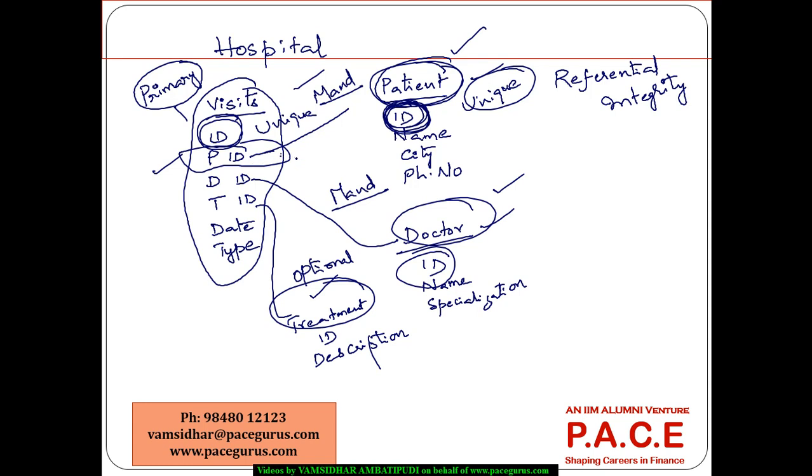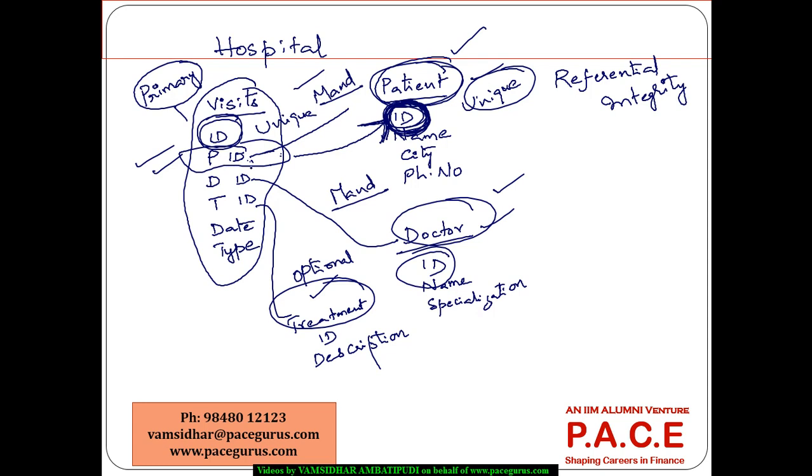Patient ID here should pick from the patient ID there. It means this patient ID should be one of those IDs which are listed in the patient table. If that ID is not present in the patient table, it should not allow me to enter the visit. Probably it should first create a patient record, create a patient ID, and that patient ID needs to be assigned here.